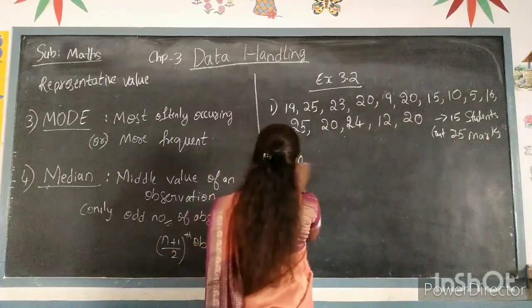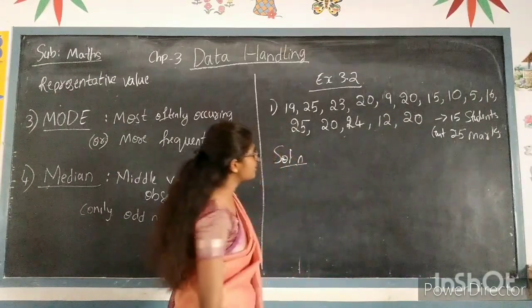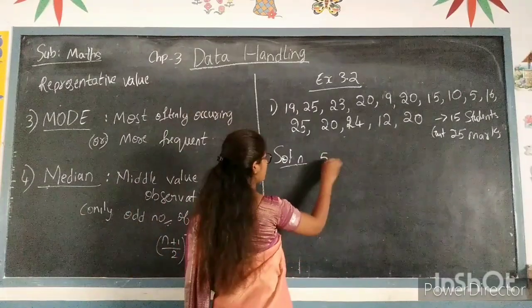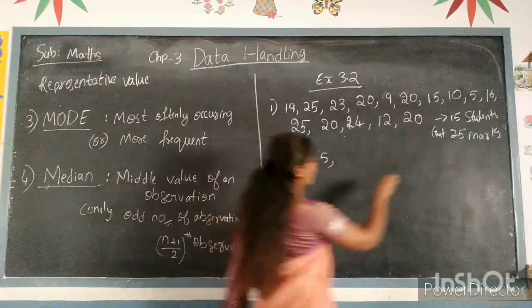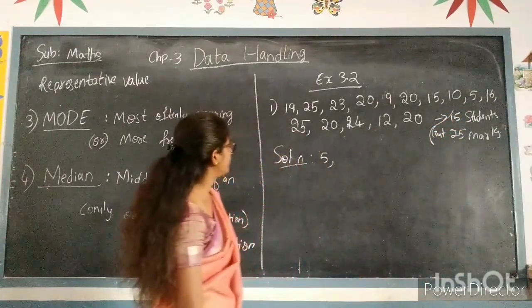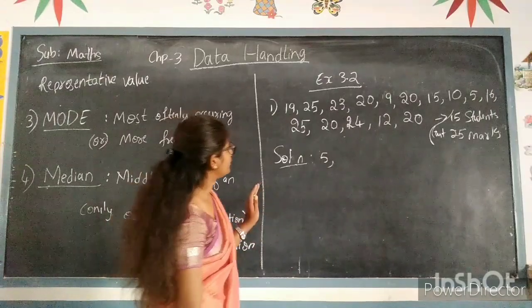Which is the smallest number in this? That is 5. 5 is there only one time, and the next smaller number will be 10.